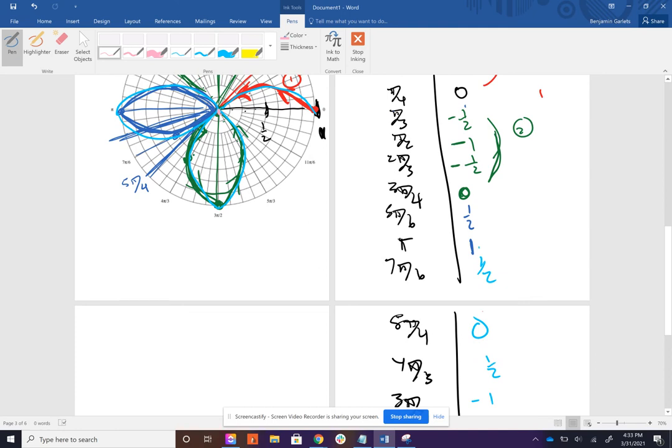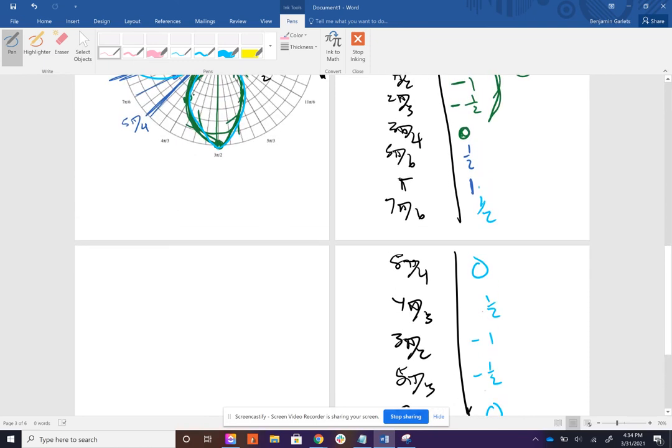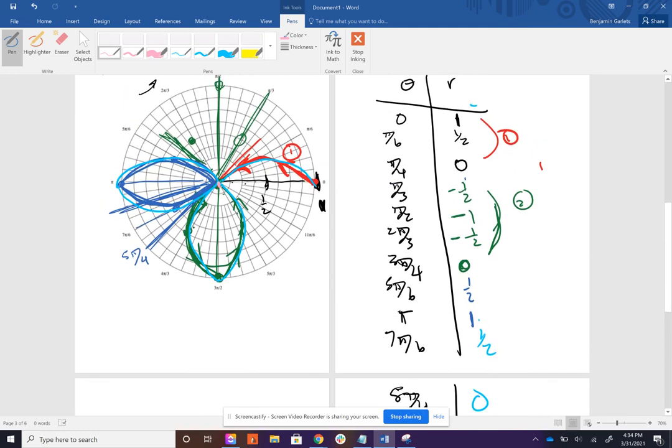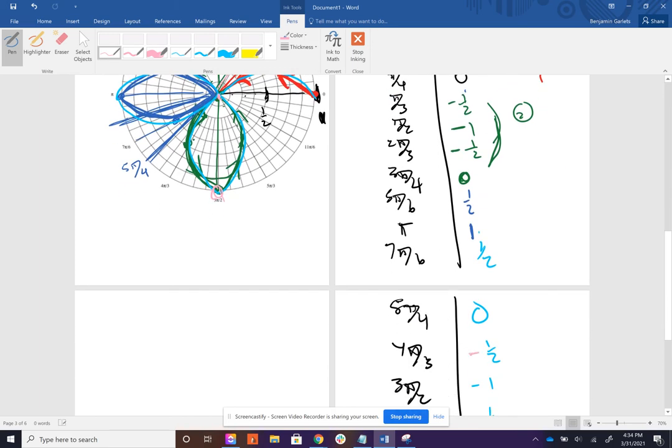4 pi over 3. Oh, kind of did that. 3 pi over 2 is negative 1. So negative 1 for 3 pi over 2, but since it's negative, we flip it. And I think we had this 4 pi over 3. Did I skip that one? No, this should have been a negative.